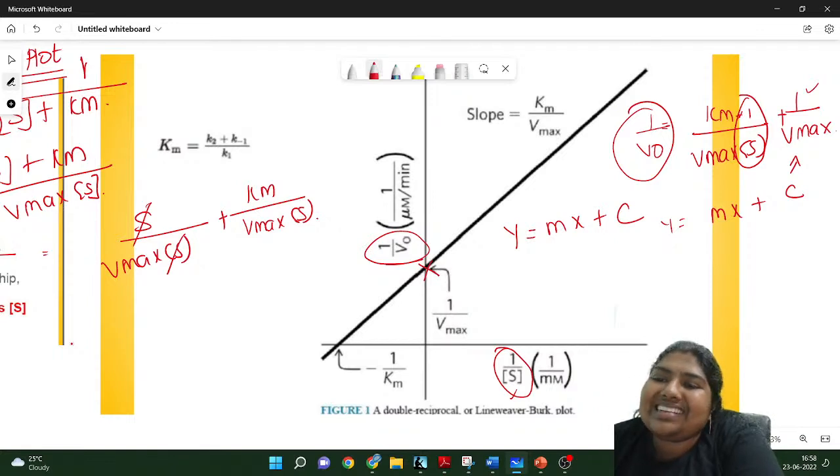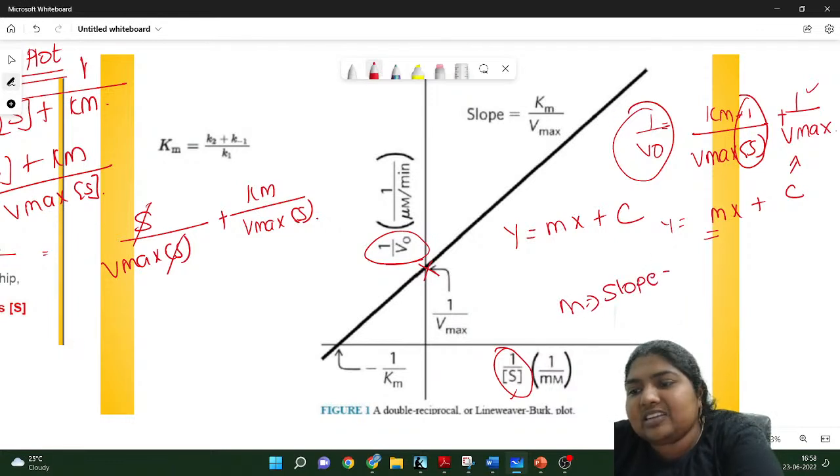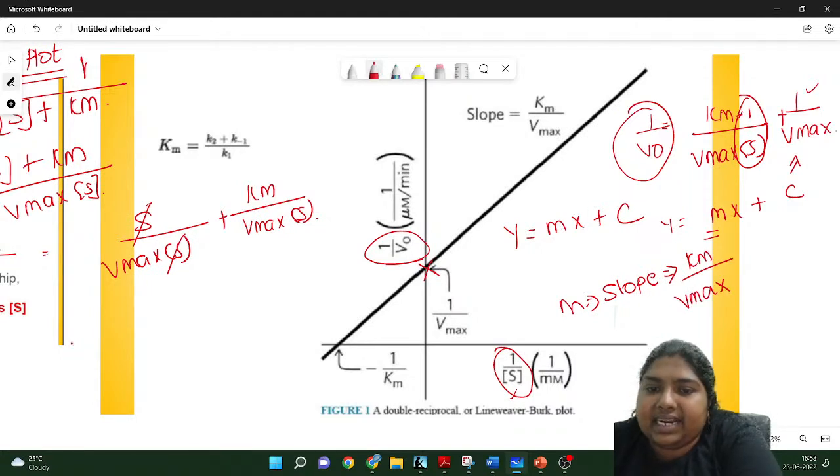What is going to be your x? X is 1 by S. M is the slope. So what is the slope here? Km divided by V max is going to be the slope. This fellow. I'll use some other color.